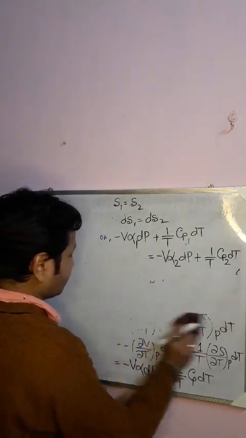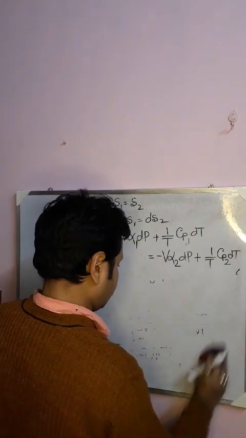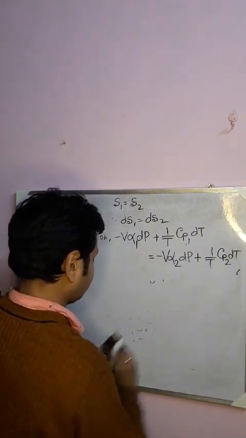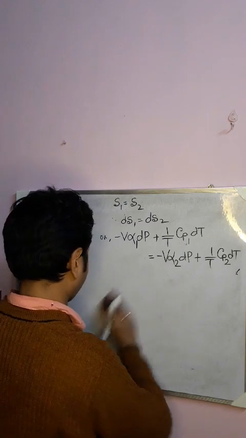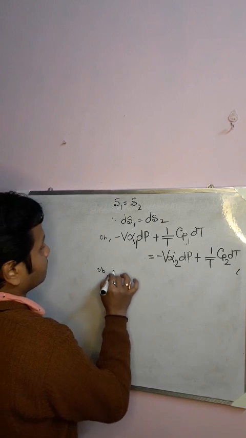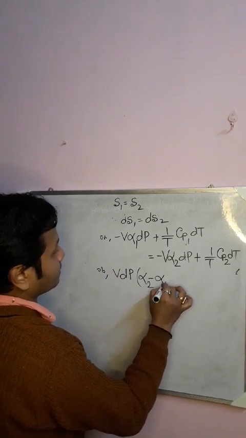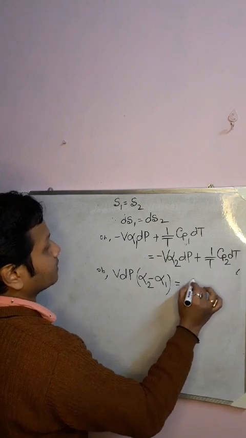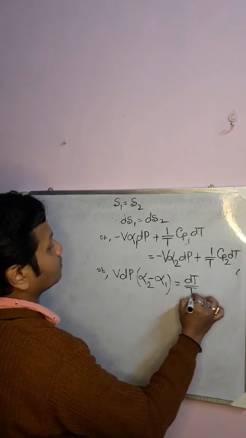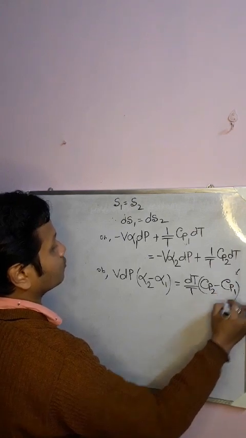So let us simplify. If you take V dP common, it becomes alpha 2 minus alpha 1, and if you take dT upon T common, it becomes Cp2 minus Cp1.